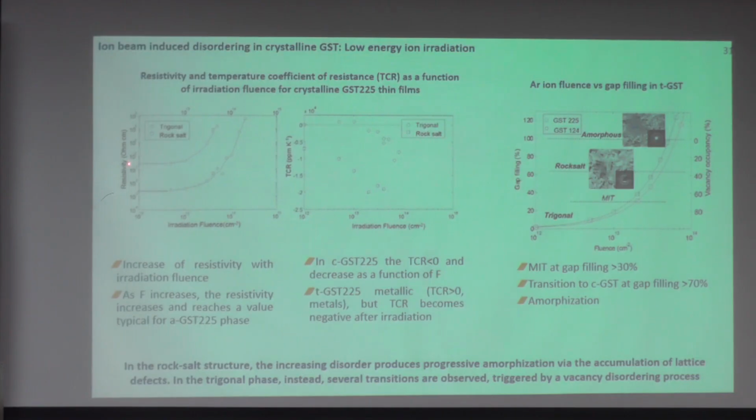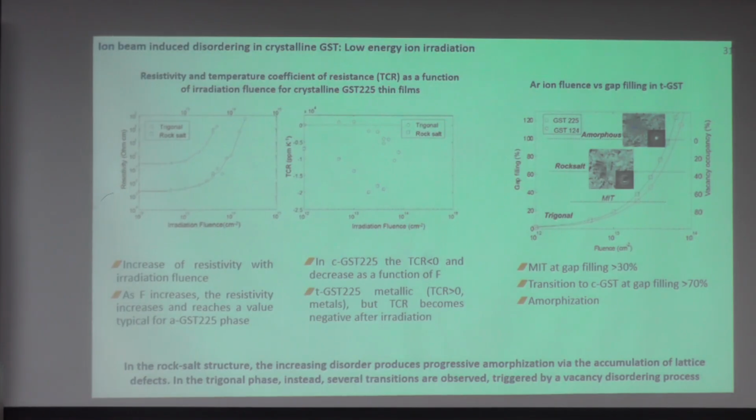For the rock salt type, the resistivity increases, and for the trigonal phase it also increases. So here we see the transformation from the crystalline phases to the amorphous phases, because this value of resistivity approaches the value of the amorphous phase.